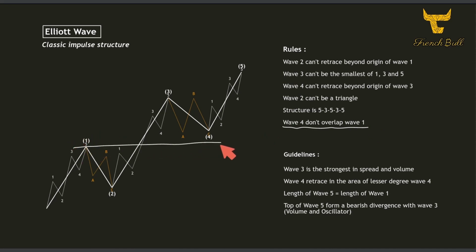It can seem redundant here: wave 4 shouldn't go below the top of wave 1. Why are there two rules that seem redundant? It's because there's a specific kind of impulsive move where wave 4 can go below the top of 1, but we will see that in further lessons. For a classic impulsive move, wave 4 should not go below the top of wave 1.